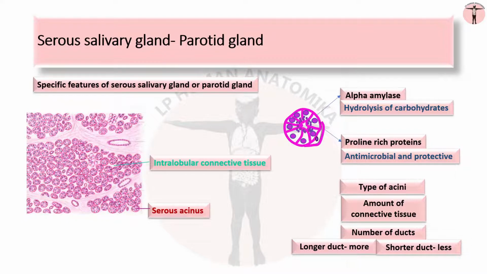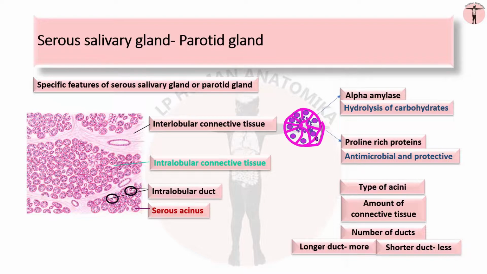The intralobular connective tissue between the acini and the interlobular connective tissue between the lobules are minimal, and it also has less adipose tissue.